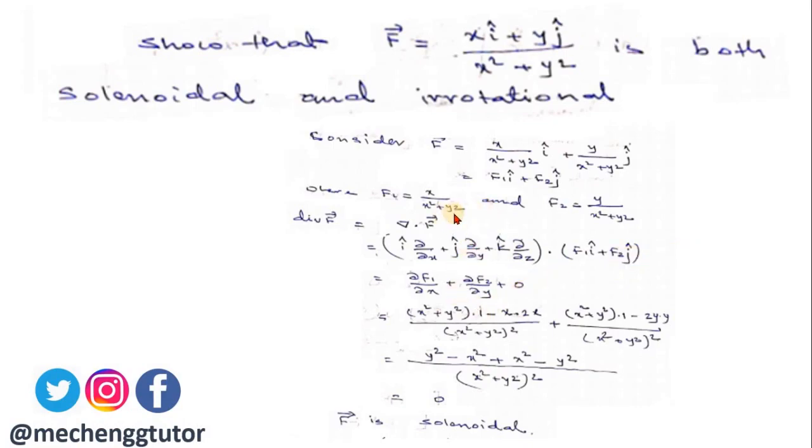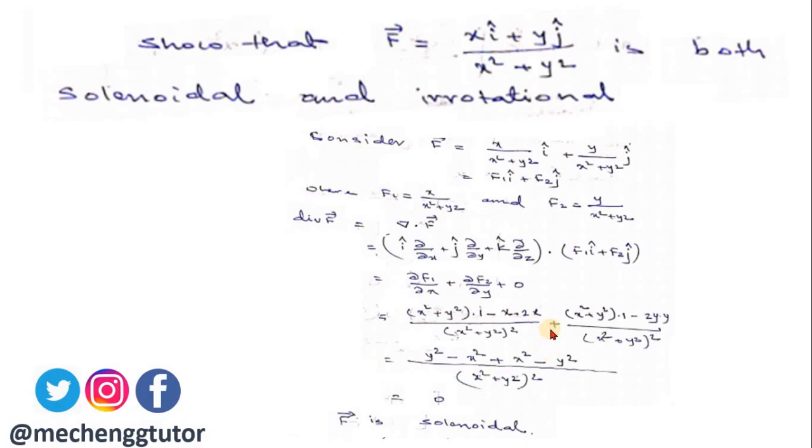F1 with respect to x: just see carefully here, x is there in numerator as well as denominator, so the u by v formula is to be used here. So (x square plus y square) the whole square in the denominator, and in the numerator (x square plus y square) into derivative of numerator, that is 1, minus numerator kept as it is into derivative of denominator, only 2x you get.